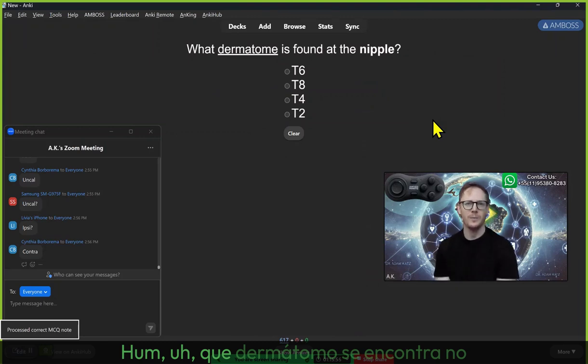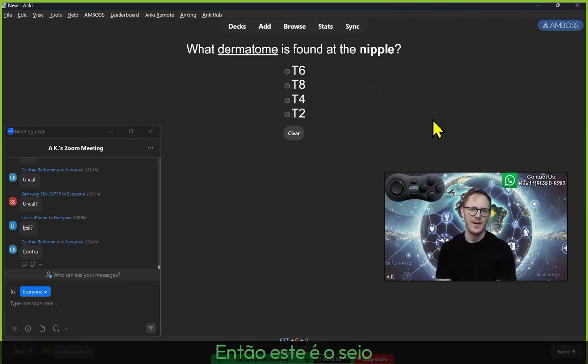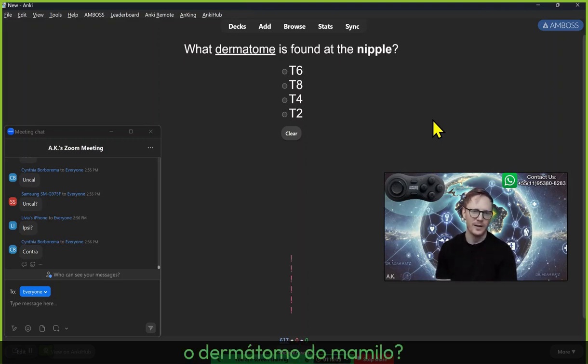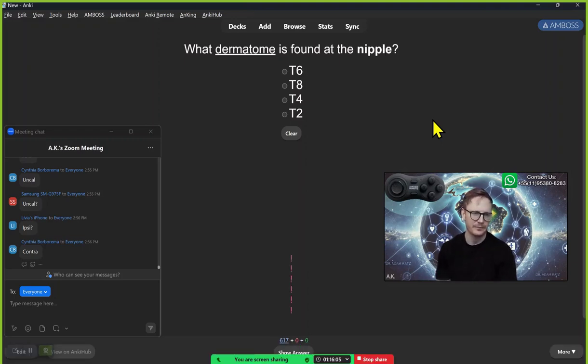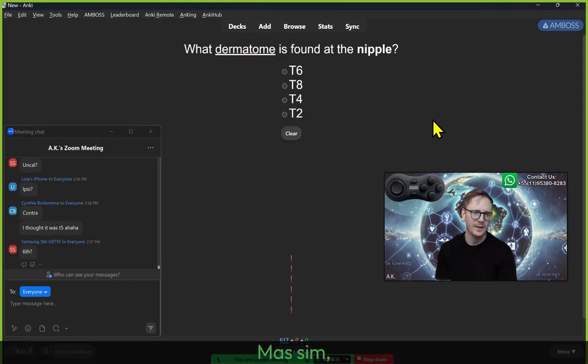What dermatome is found at the nipple? So this is the breast. Where's the nipple dermatome? So you think thoracic, it's going to be in the chest, but yeah, T. It's close. Is it T6 or T4? It is T4.